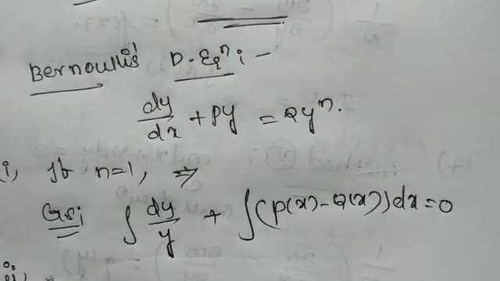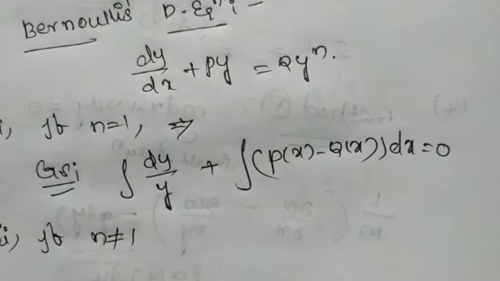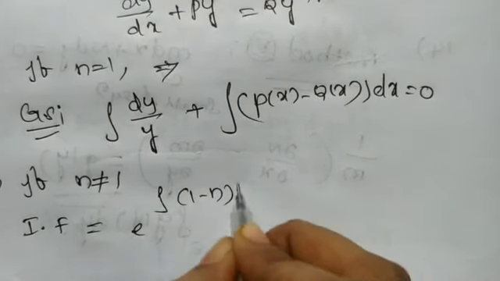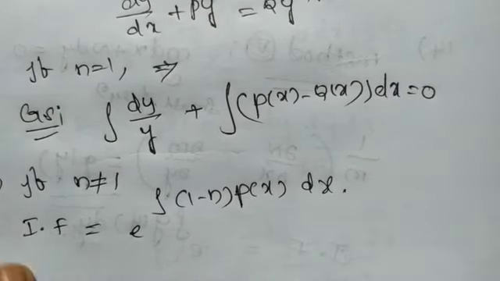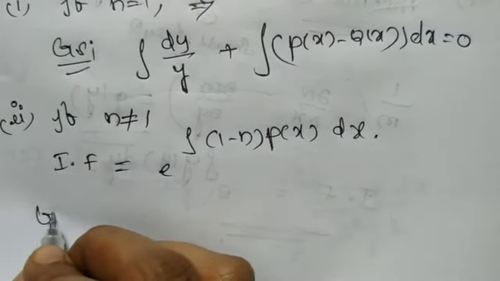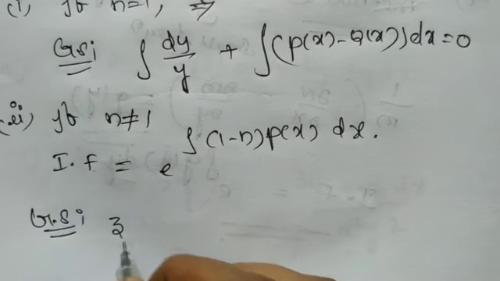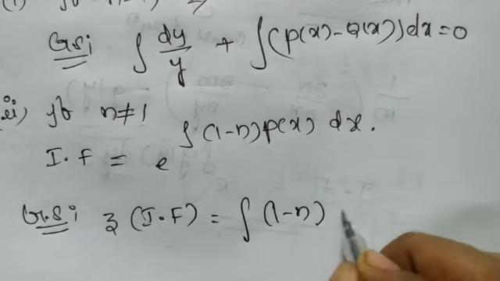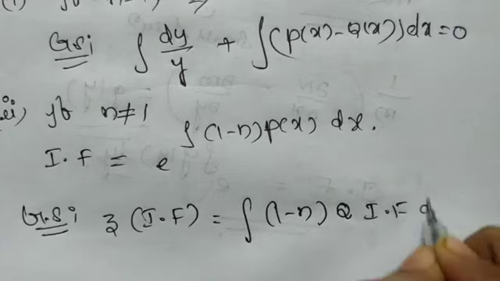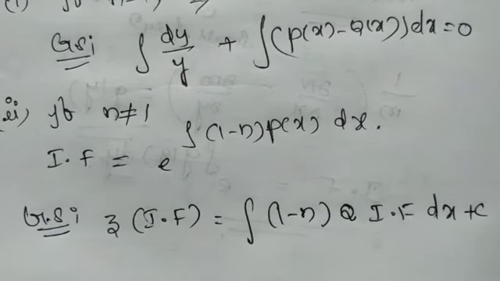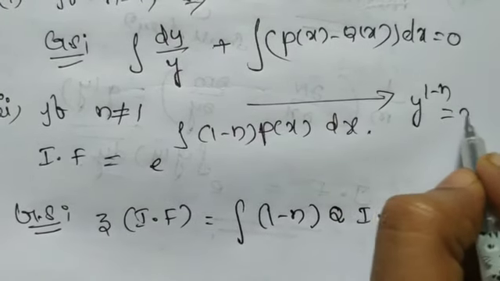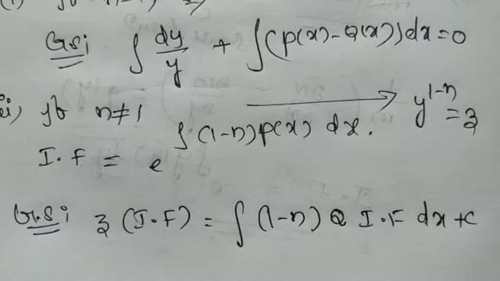Next condition, if n is not equal to 1, then the integrating factor is e power integration of (1 minus n) into P of x dx. Therefore the general solution is z into integrating factor equal to integration of (1 minus n) into Q into integrating factor into dx plus c. In this method, we substitute y power (1 minus n) equal to z. So this is Bernoulli's differential equation.